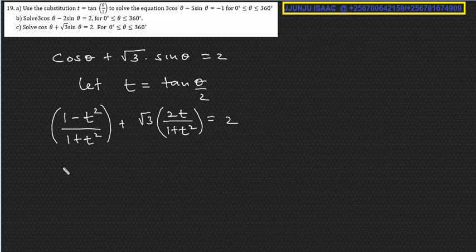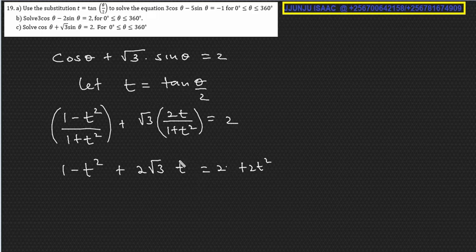When you multiply it out, you get 1 minus t squared plus 2 root 3t, then equal to 2 plus 2t squared. No, there is an equal sign here, so equal to that. So forming a quadratic equation, and this is not 2t, I'm sorry about this. This will be 2 plus 2t squared.